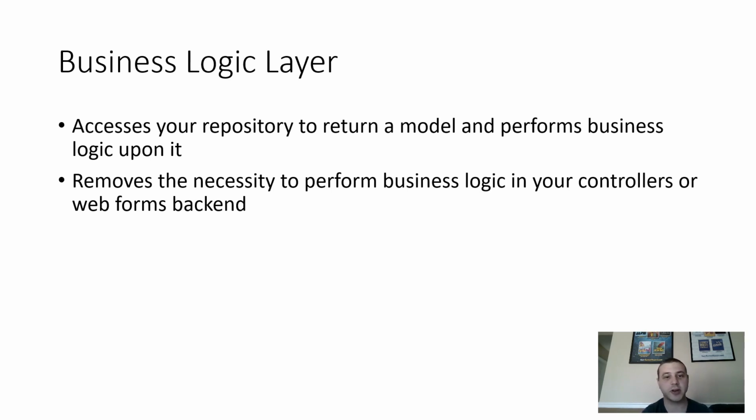What the business logic can do is accept a list of those orders and then set the completed date for all of them to whatever date you want it to be, probably to now, the time that the user clicked the complete button, and then ship that off to the database to update the database.